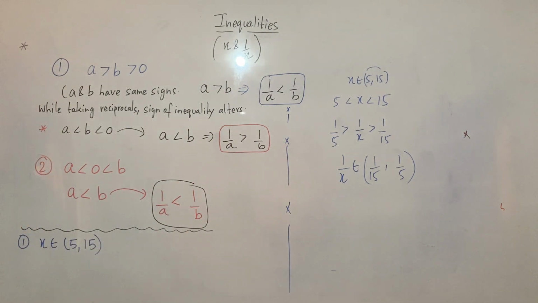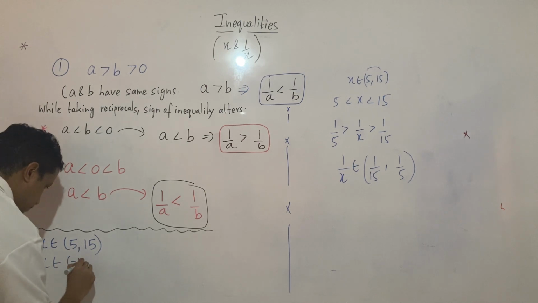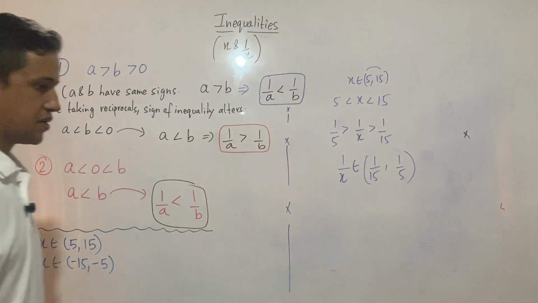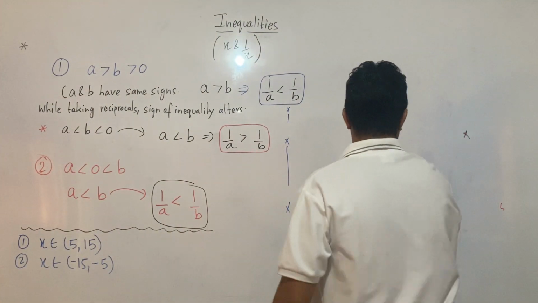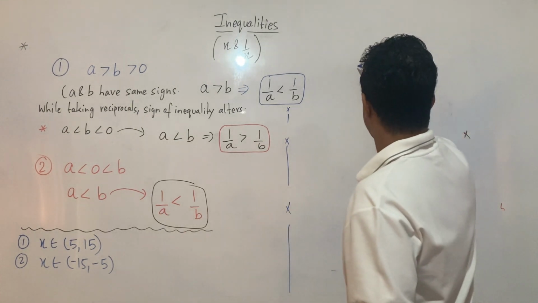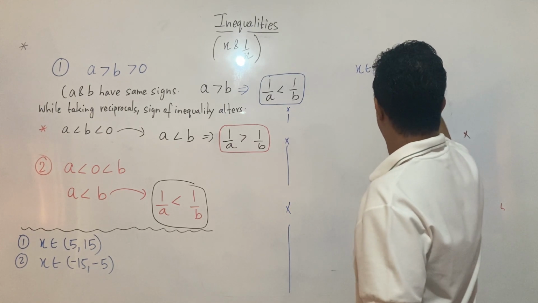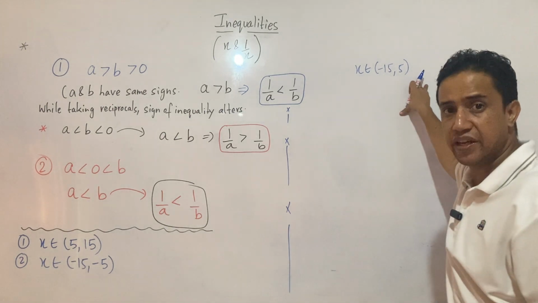Okay, now let's take a second case when both my numbers are negative. Now see here, this time x belongs to minus 15 to minus 5. All the possible values that x could take are going to be negative, right?